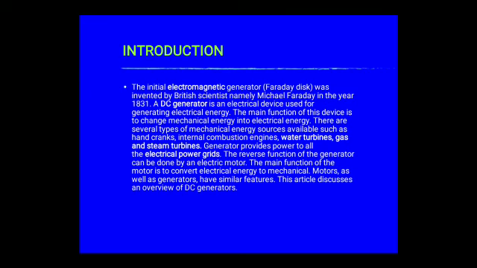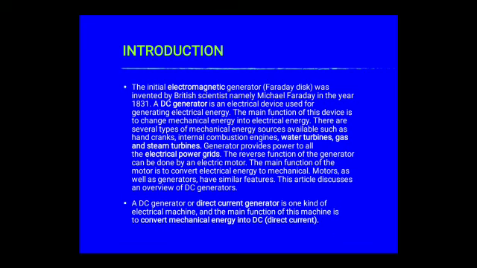There are various types of prime movers, like hand cranks, internal combustion engine, that is IC engine, water turbine, gas and steam turbine, etc. And after generation of the voltage, it is fed to the power grid for distribution purposes.